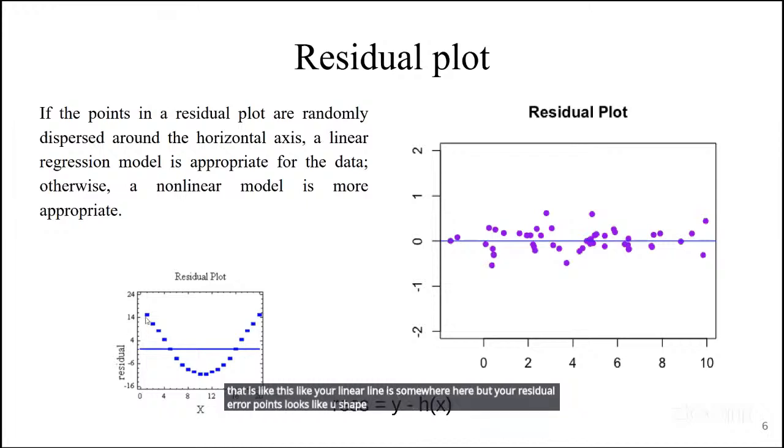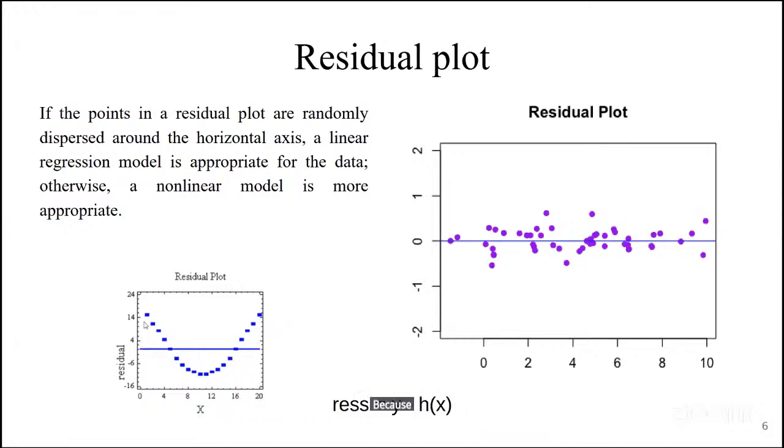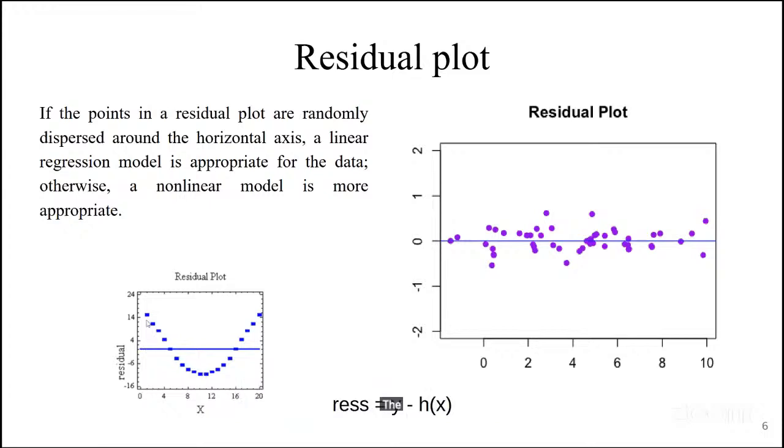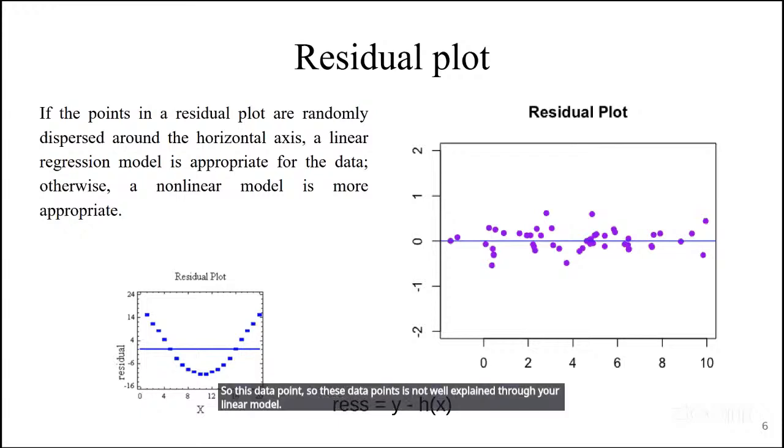Now you can say that this linear plot does not explain the data properly, because you have a very huge error at the beginning and towards the end. Even in between you have a very huge error. The errors are far from zero, and the gap is very high. So these data points are not well explained by your linear model.